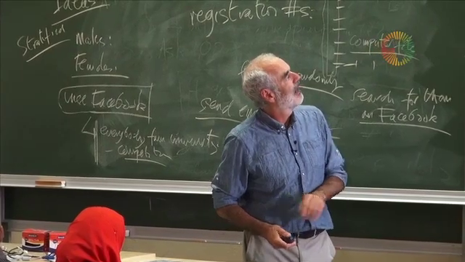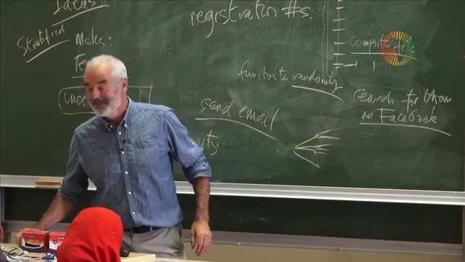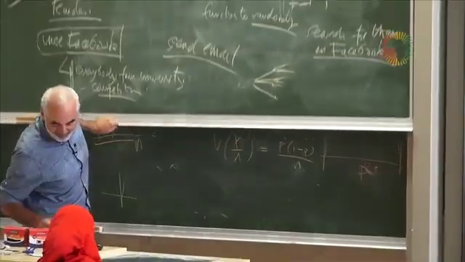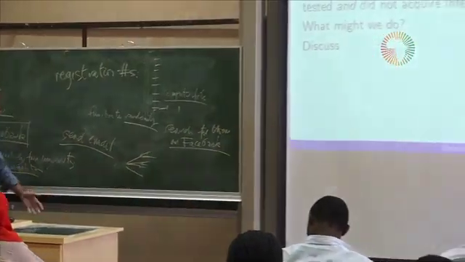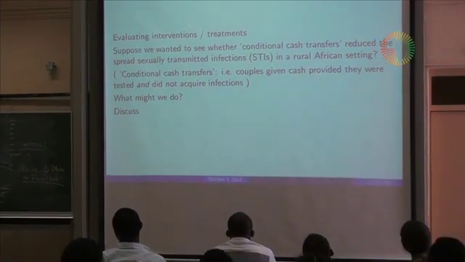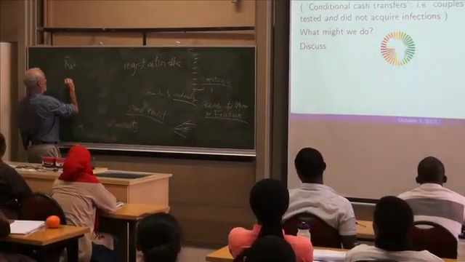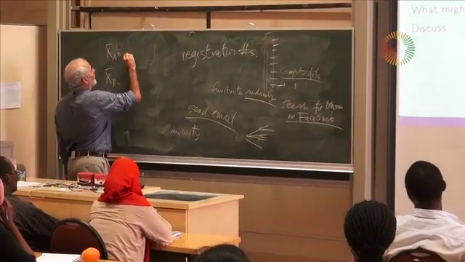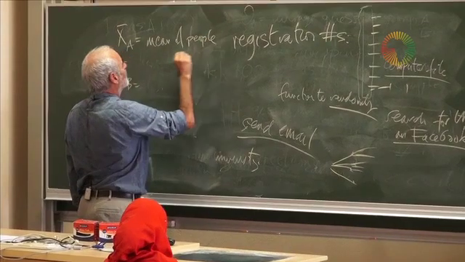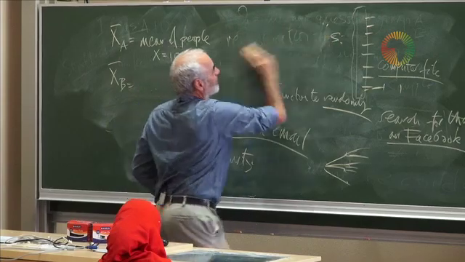So, okay. Now, experiments. Shall I tell you the result of our experiment? Do you want to know? Okay, we've done an experiment. So, X bar A and X bar B, this is the mean of people who had X equals 10 at the top of their piece of paper.